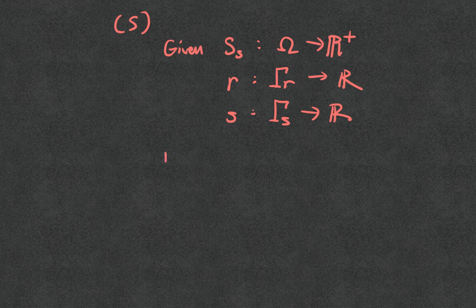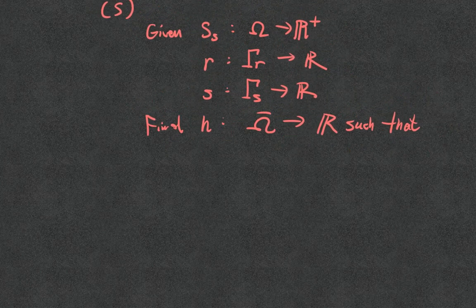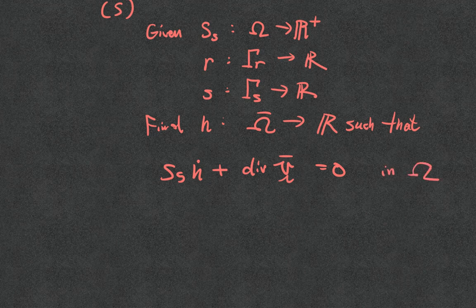And then I will try to find h, defined on the whole domain with the closure, mapping into a positive number, such that the following constraints are fulfilled exactly in the corresponding domain. First is the governing equation. V is the Darcy velocity, which is minus k gradient of h.